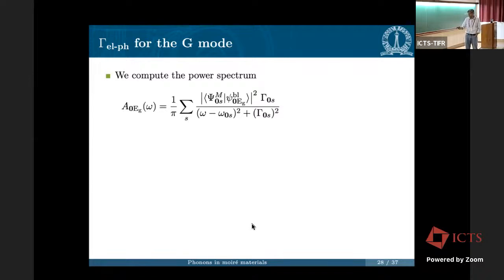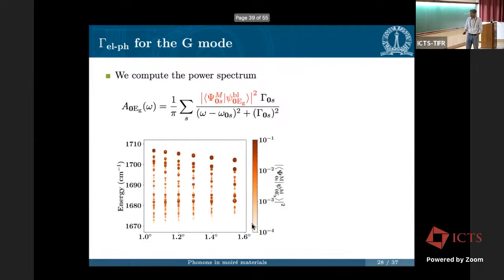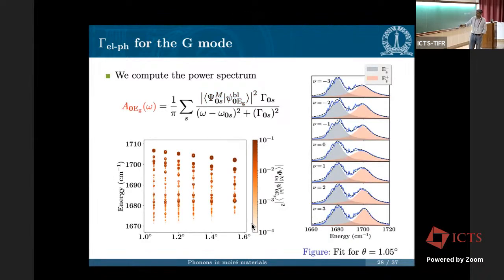It's just a simple technical thing, but it's important because once you do that, essentially, if you look at just the projections, you see exactly what I had shown you before. You see that the projection weights are sort of increasing as the angle decreases. Not the projection weights. The projection weights are what they are, but the spread is increasing as the angle decreases. But something interesting happens when you construct the spectral function.